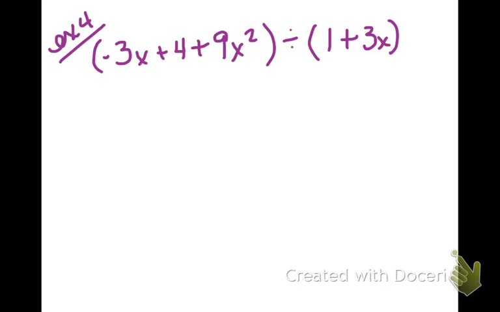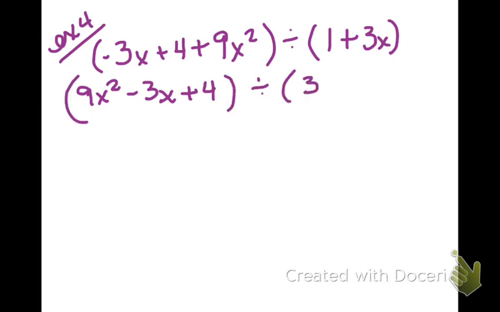All right, so if you look at this the way it's written, you can see that it's not written in standard form or descending order of the variables. We want to rearrange both dividend and divisor. So we would have a positive 9x squared minus 3x and a positive 4. And that will be divided by, rearranging these terms, positive 3x and a positive 1.